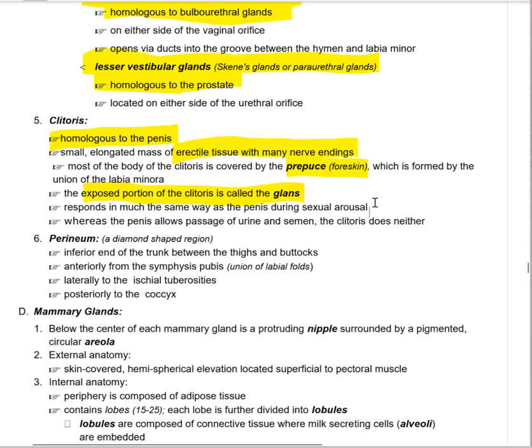However, the penis has a dual function: it allows the passage of urine and semen, and the clitoris does neither of those. So the clitoris is mainly just an organ of sexual arousal.